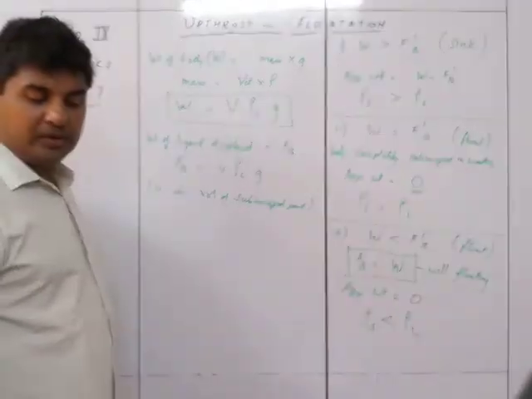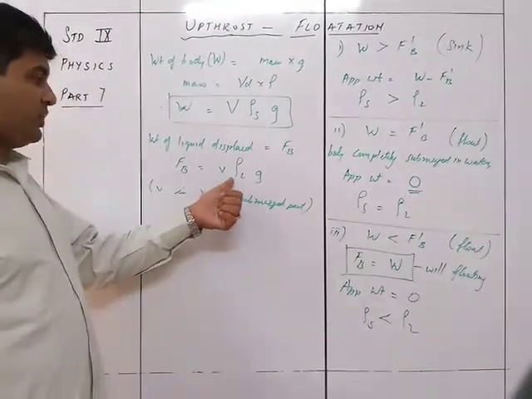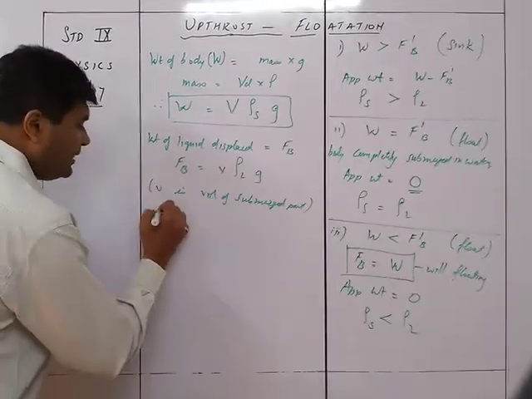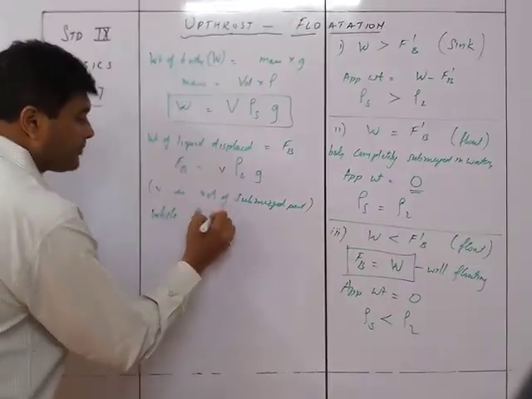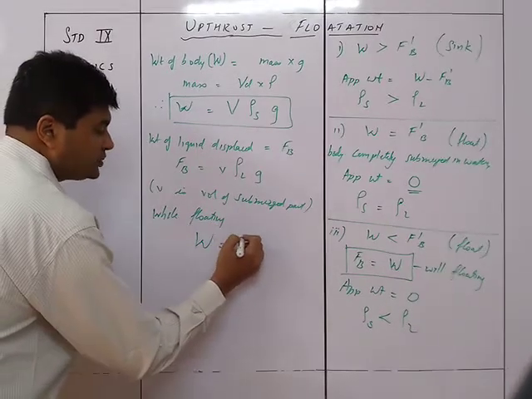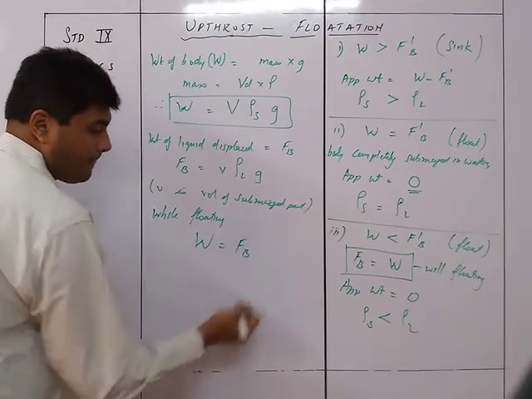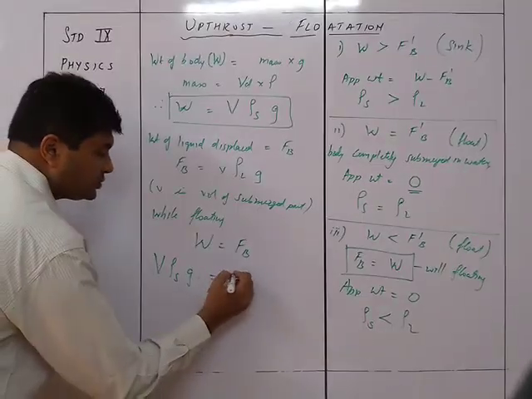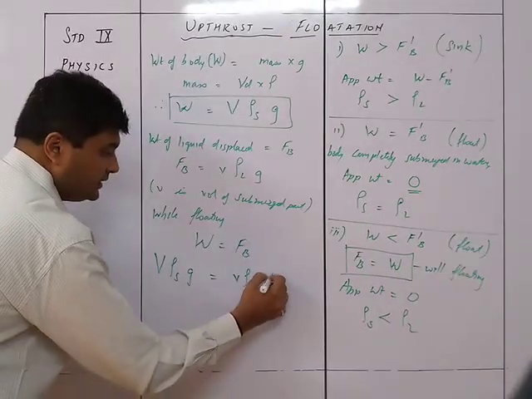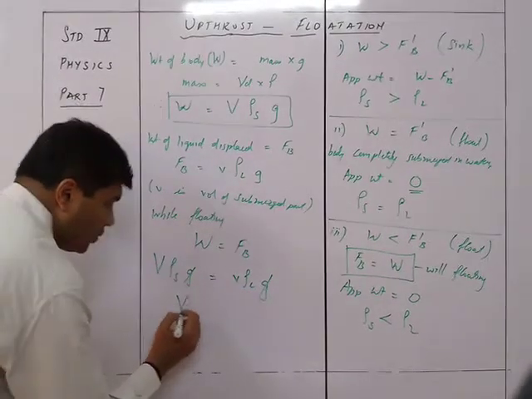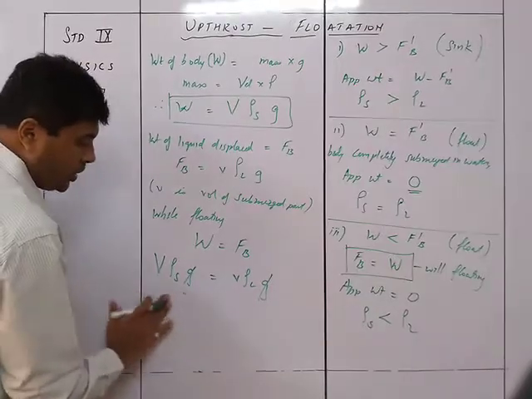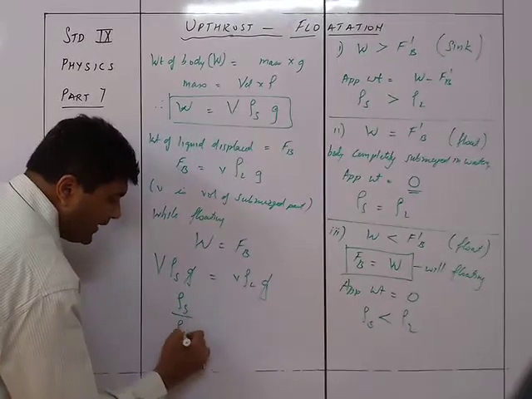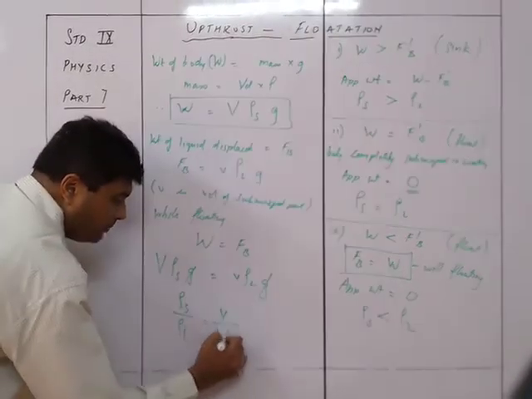But we know that while floating, W is equal to FB. So V rho S g is equal to small v rho L g. g can cancel. So rho S upon rho L is equal to small v upon big V.